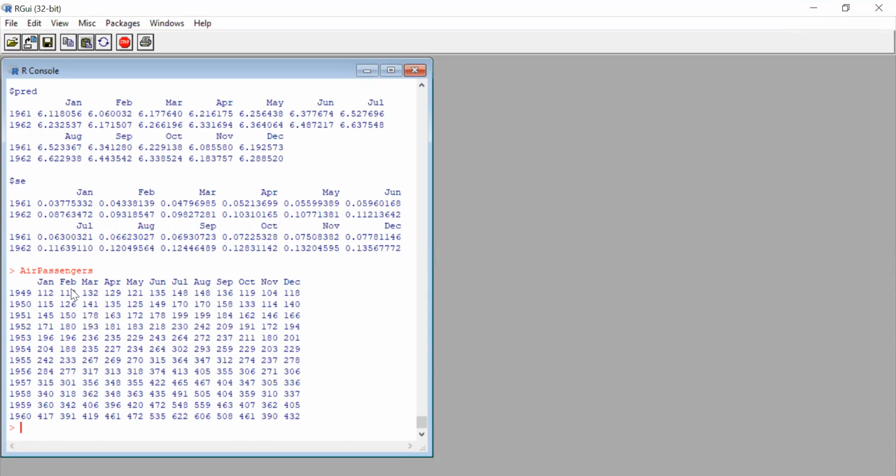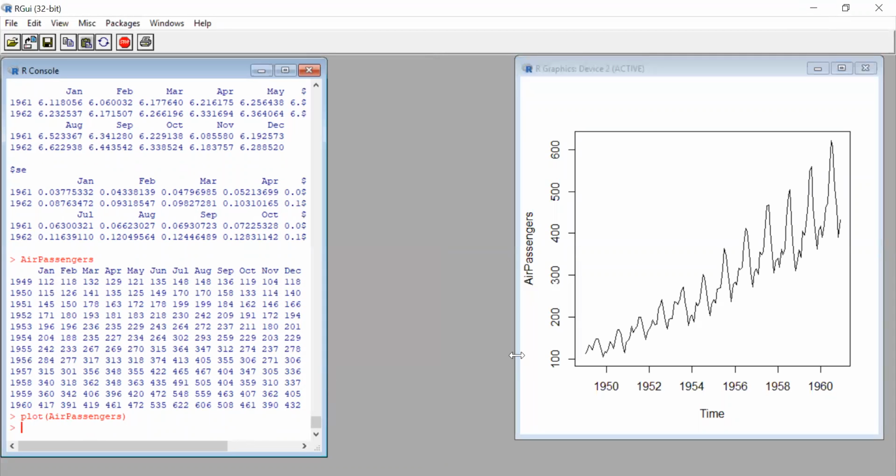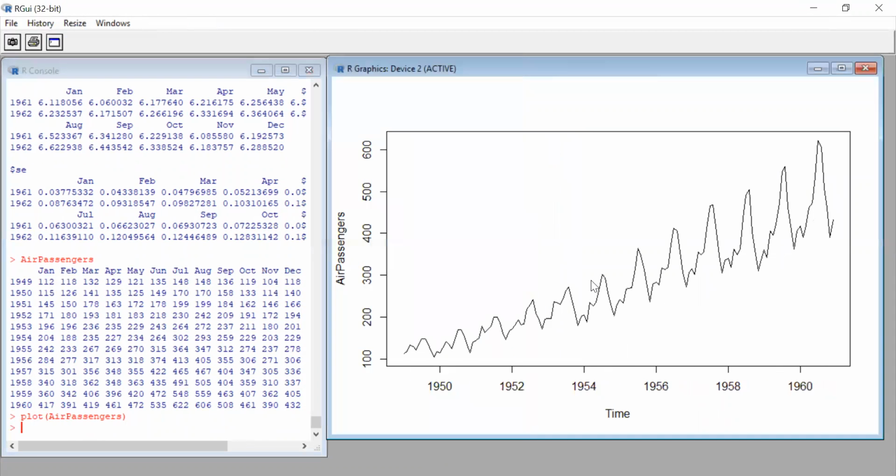It's from January to December. So let me plot the data. And it is the time series plot for the data. The very last one is the December in 1960.